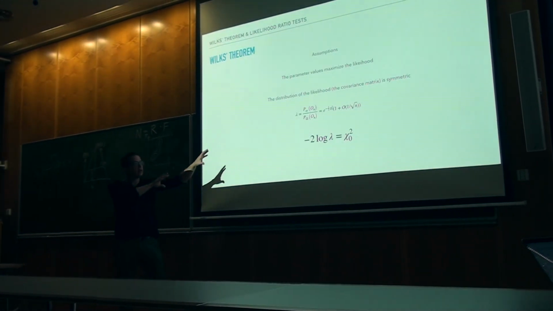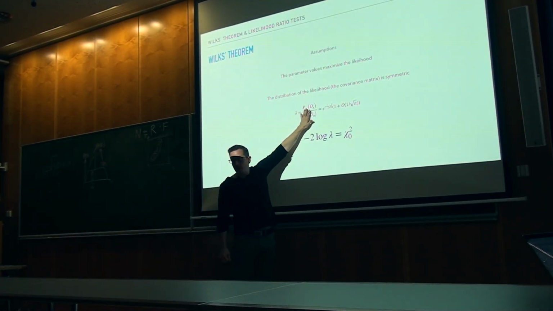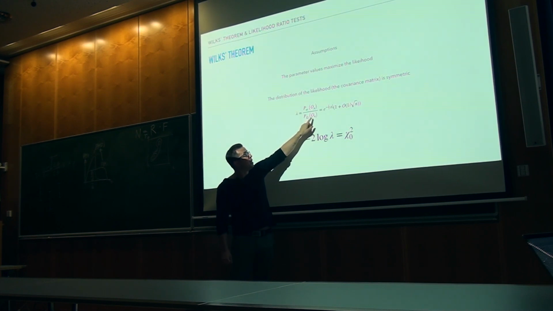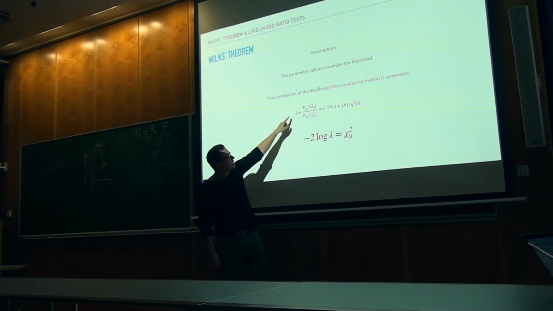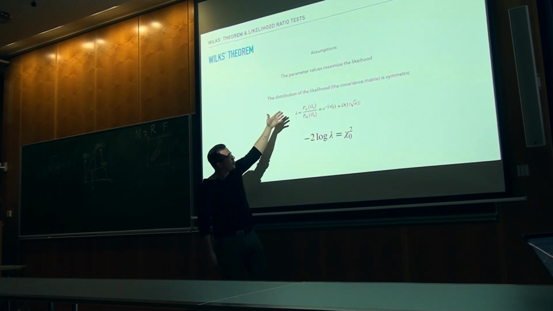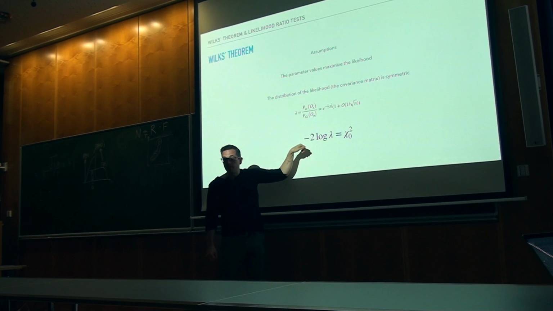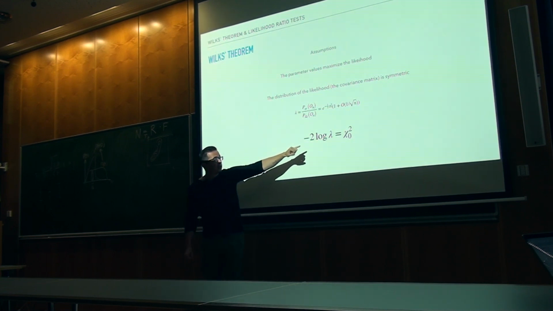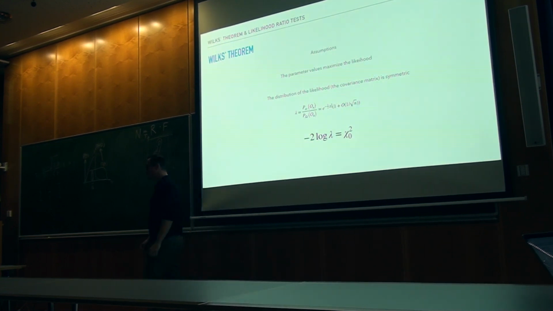That's why the linearity really governs how fast this converges asymptotically. But this is the whole point: if I have a complex model compared to a simple model, take the likelihood ratio test, and -2 log likelihood should be chi² distributed. That allows you to test the models and go off to a chi² table and read off the significance, or probability value, of how good one model is compared to the next.